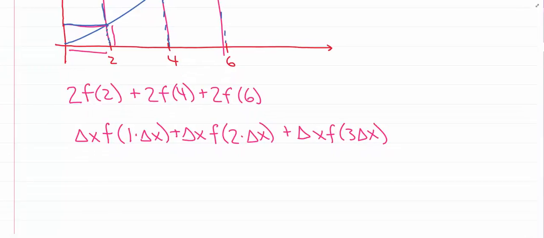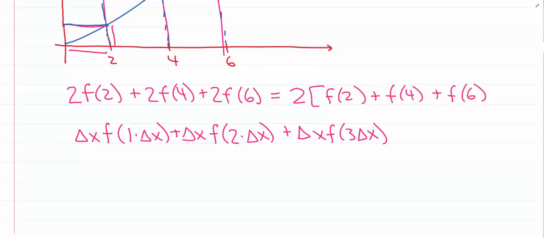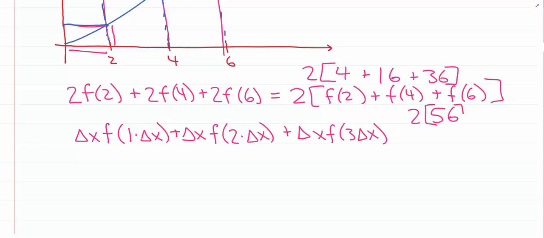Okay, now let's go back down here and actually calculate what this is. Let me factor out a 2. So I've got f of 2 plus f of 4 plus f of 6. Now f of 2 is 4, this is 16, and this is 36. So what is that going to be? 2 times, let's see, is that whole thing 56?